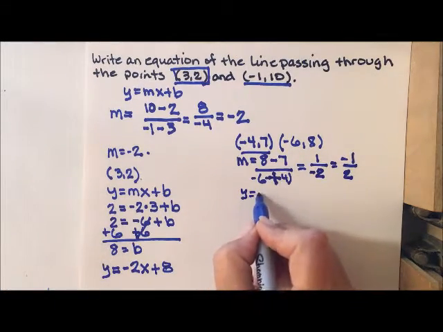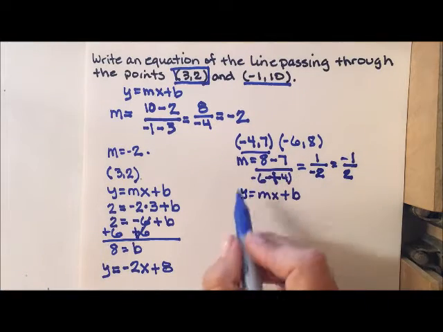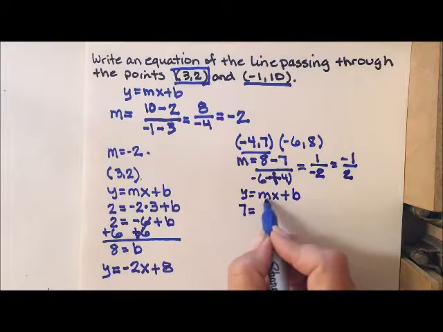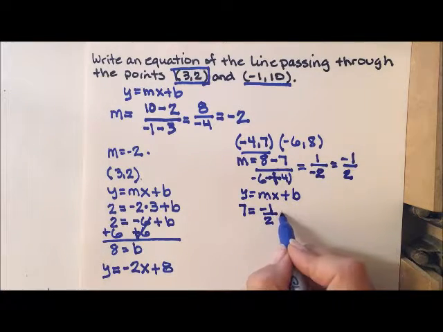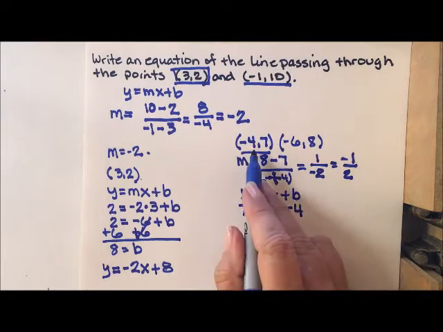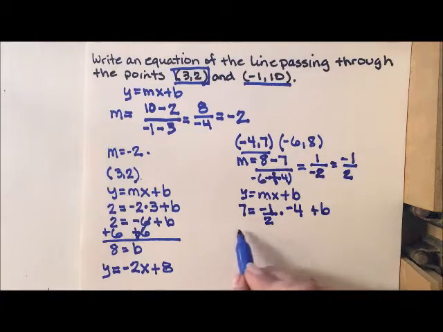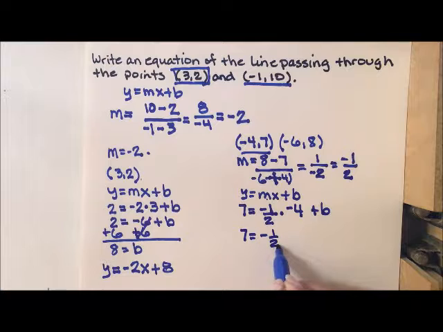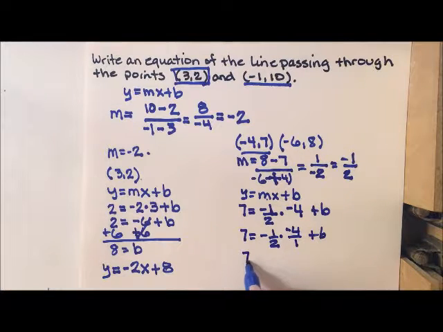Start again with y equals mx plus b. We know y is 7. We know our slope is -1/2 times -4, our x and y, and then plus b. Simplify this, we get 7 equals -1/2 times -4 over 1 plus b.